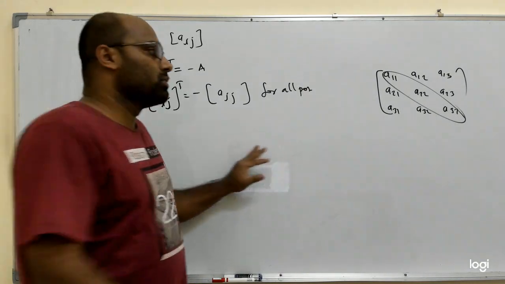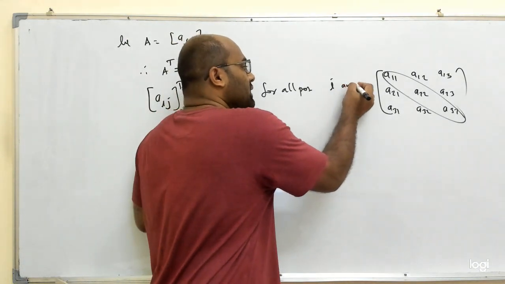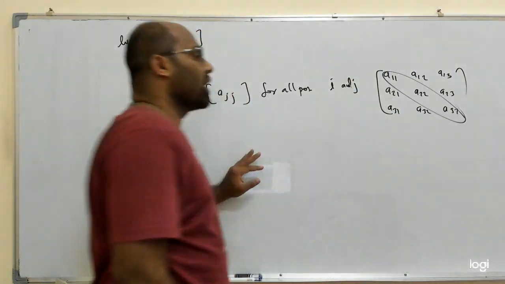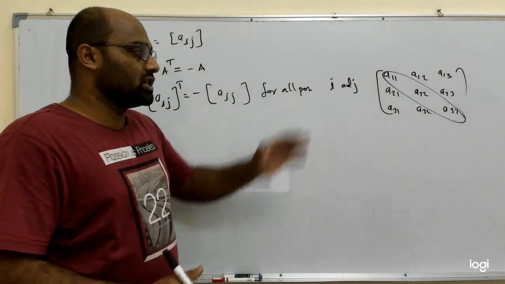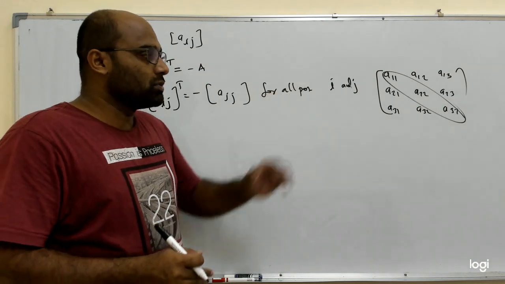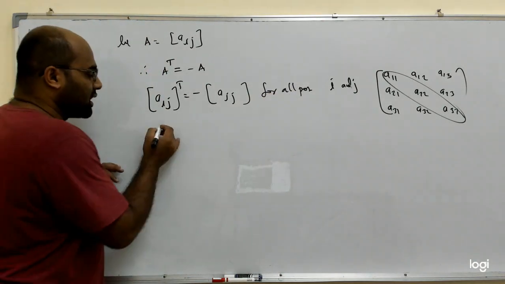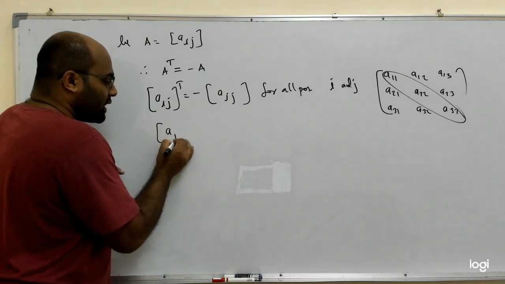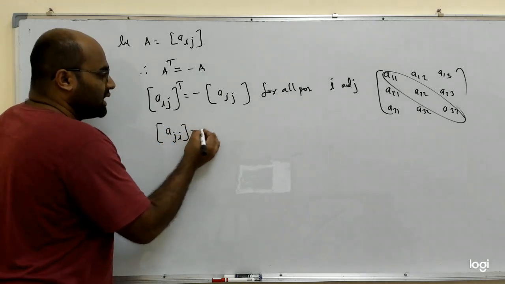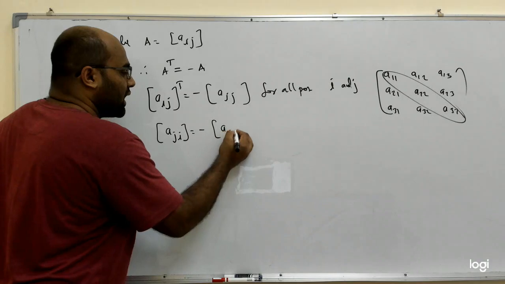Write it neatly and properly. So transpose, Aji equal to minus of Aij.